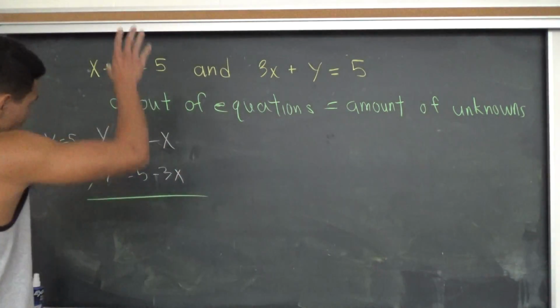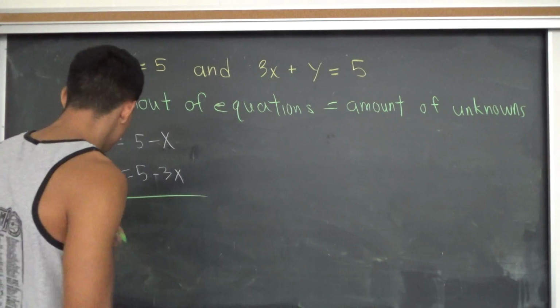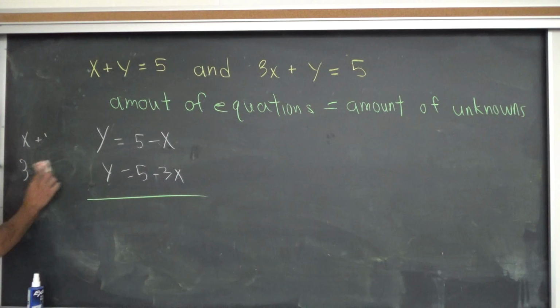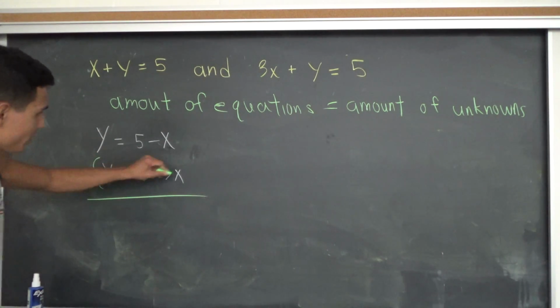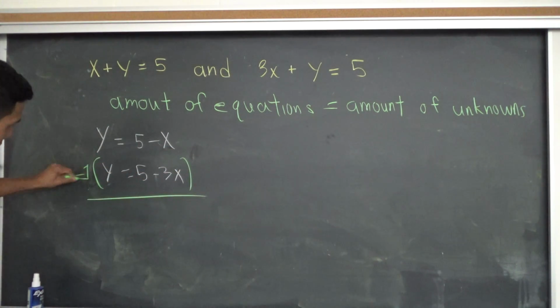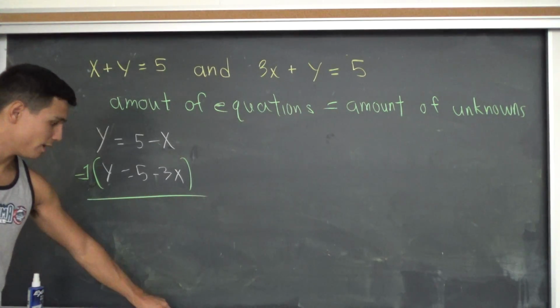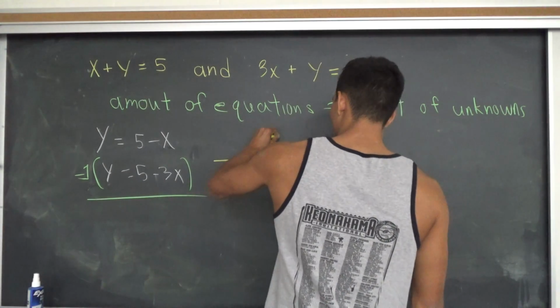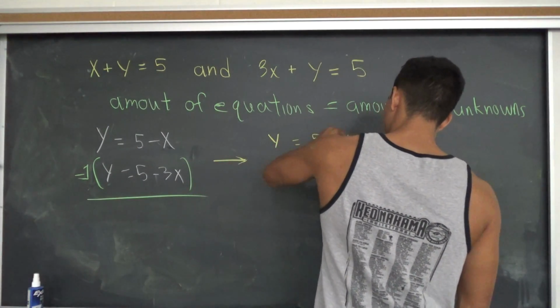So if we were just to subtract these two equations, and what I mean by that is, I'm going to make space real quick. I'm going to put parentheses around this, and I'm going to multiply this guy by -1. And then I'm going to move everything real quick. So now we see y equals 5 minus x.